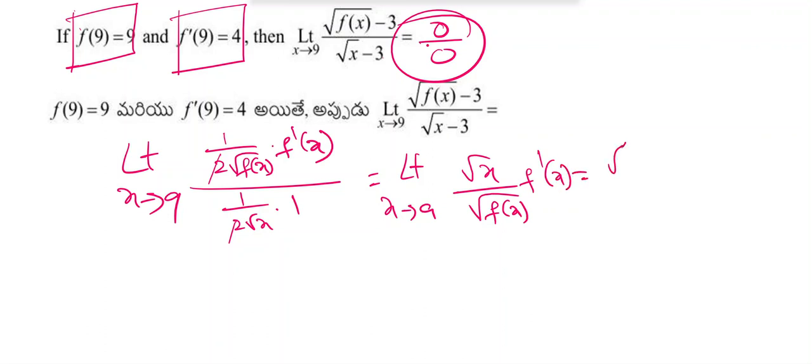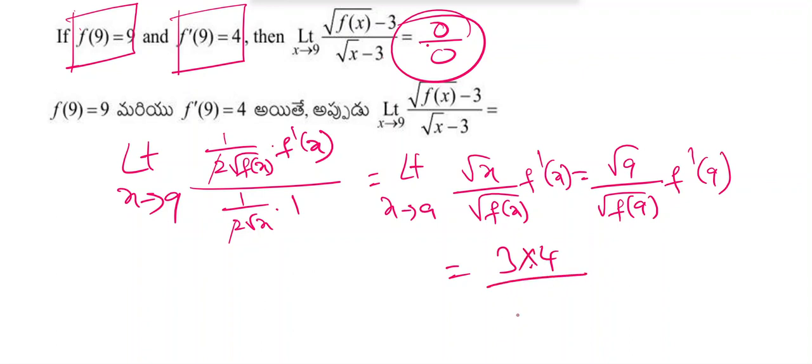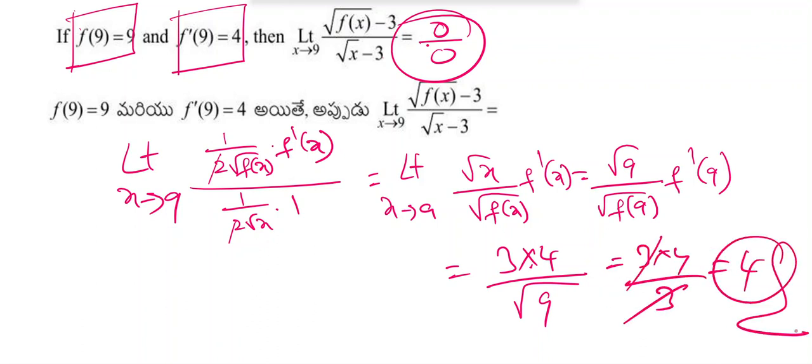Substituting x equal to 9: root 9 by root f of 9 into f dash 9. Here root 9 is 3, f dash 9 is given as 4, and in the denominator root f of 9 is root 9, which is 3. That is 3 into 4 by 3, the 3 cancels, that is equal to 4. That is the required answer.